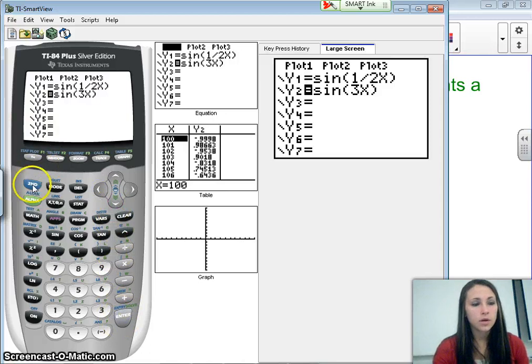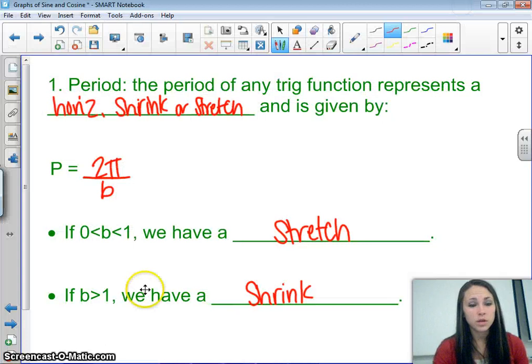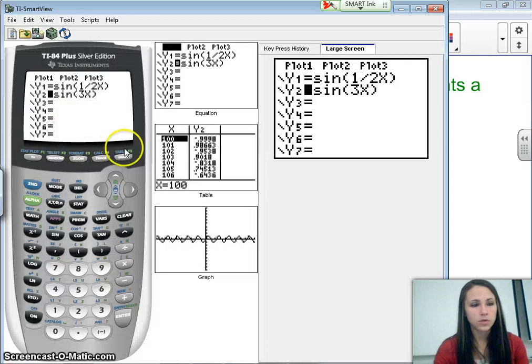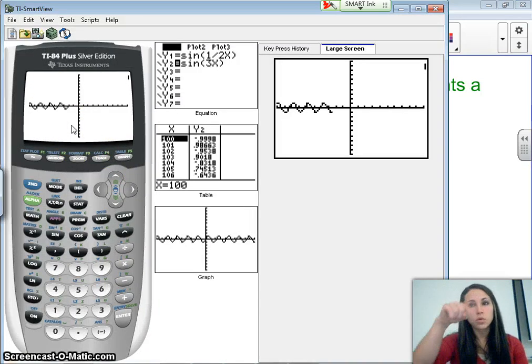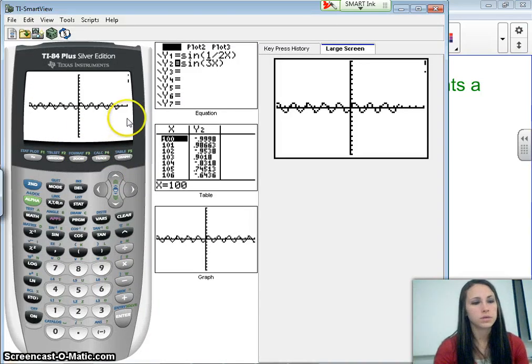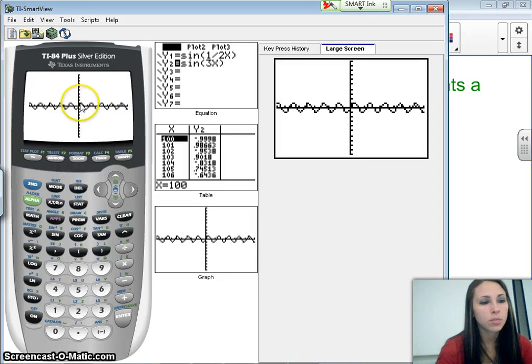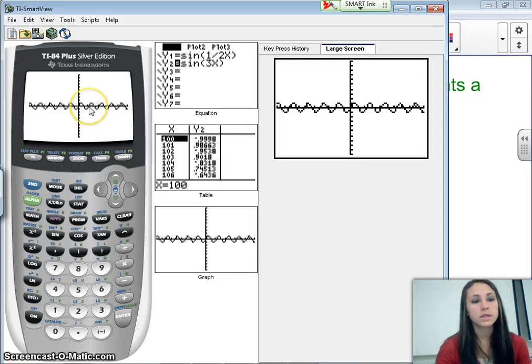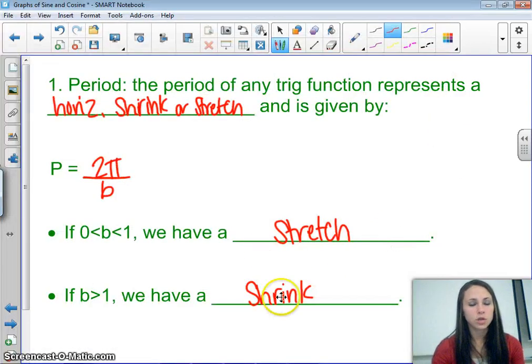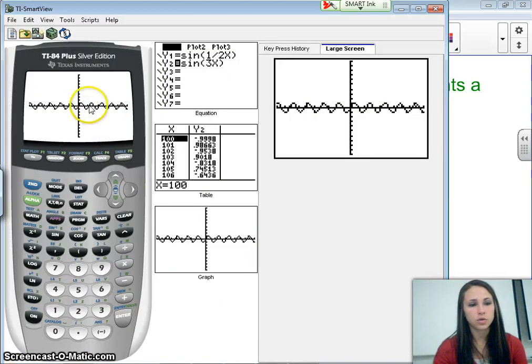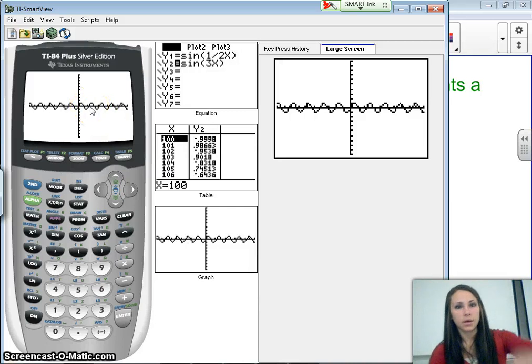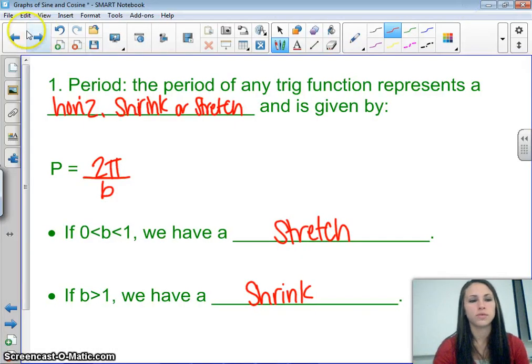This one I made bigger than 1, so it ends up being a shrink. It shrinks the period down. If you look at this graph, you've got a whole lot of little mountains and valleys. So one little mountain-valley cycle is not that long. It's not going to take you all the way out to 2 pi. And that's what we're going to start finding: the value of how long it takes to make one full cycle, and that's what we're doing when we find the period.